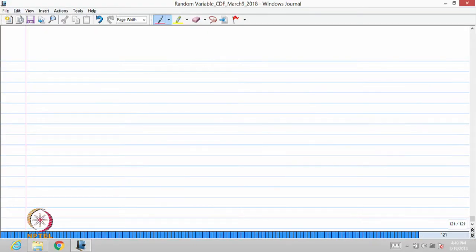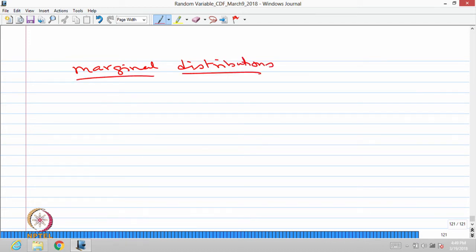From the joint probability mass function, one can get the probability mass function of x1 and x2. They are called marginal distributions. That means if I want to find out the probability mass function of x1 from the joint probability mass function of x1 and x2, by summing it over x2, I can get the probability mass function of x1.